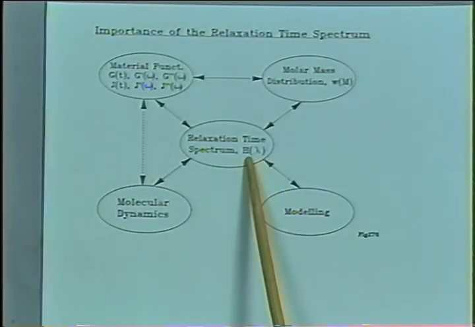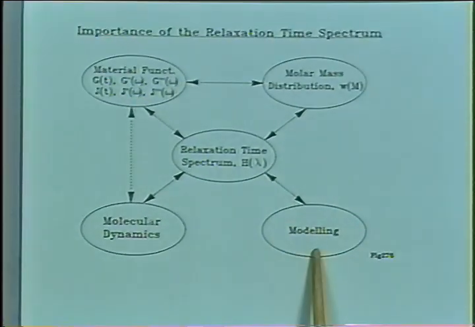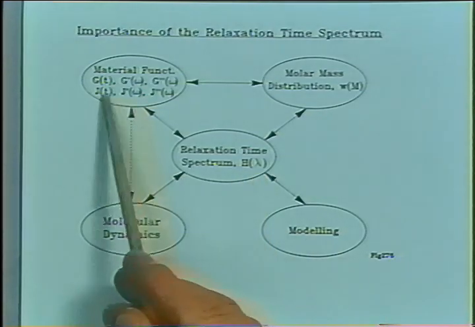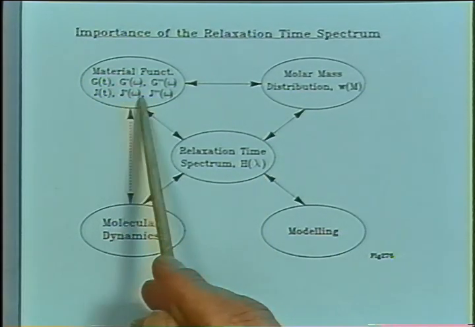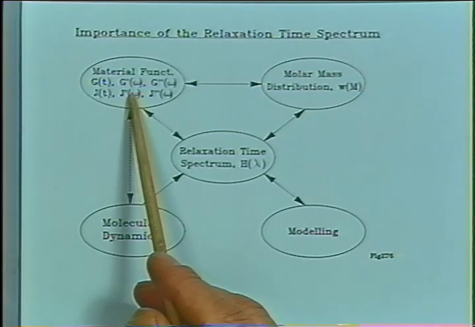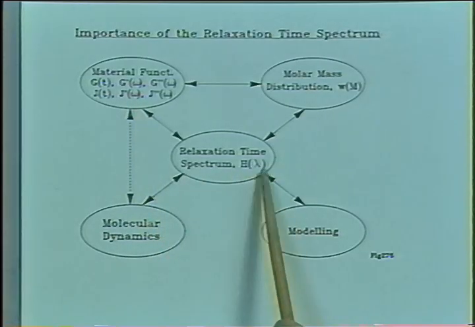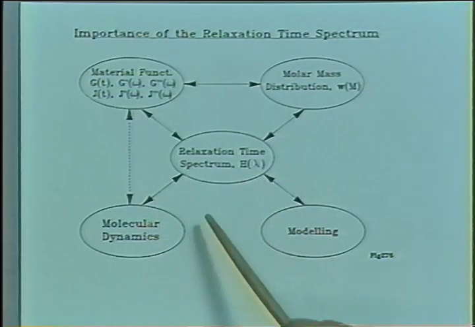We would need the spectrum to determine the relaxation modulus and then do modeling calculation with that. That's good enough. But with that spectrum, we can calculate all the linear material functions in Ferry or typical books on linear viscoelasticity. So again, that's a complete description of the material behavior.